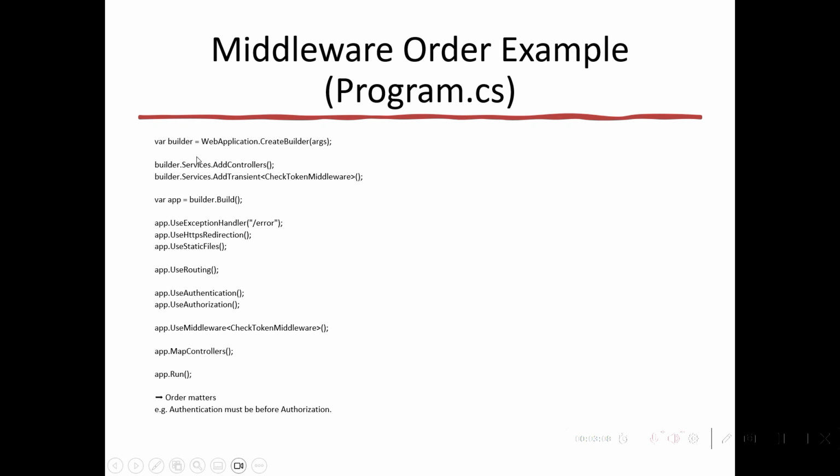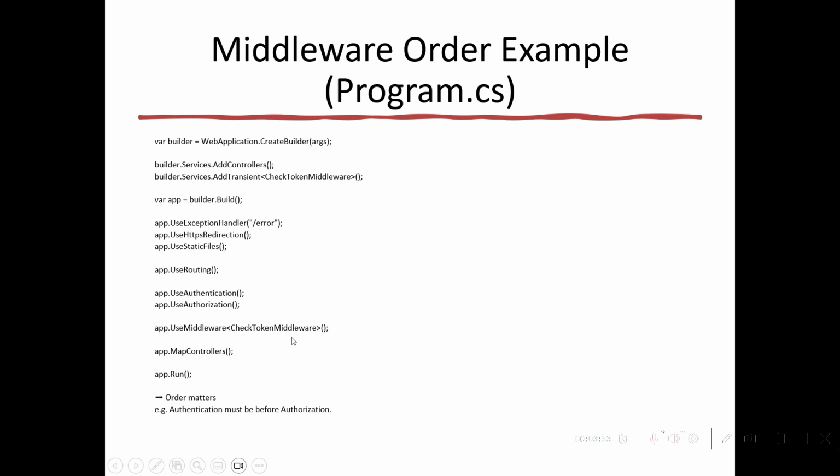So this is an example. Here we have the builder, WebApplication.CreateBuilder, and there we are using app.UseHttpsRedirection, app.UseStaticFiles, app.UseRouting, app.UseAuthentication, app.UseAuthorization, and then where we can make a custom middleware.